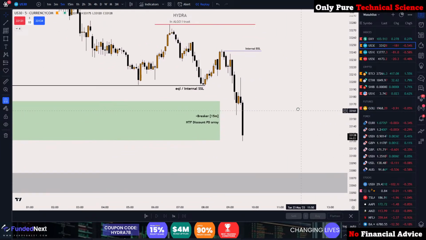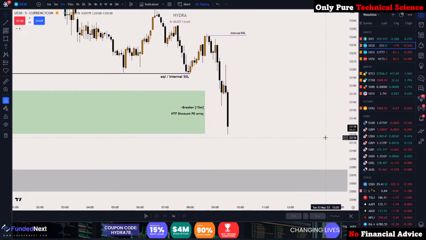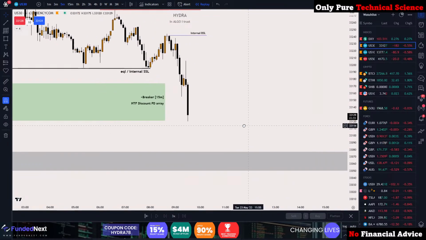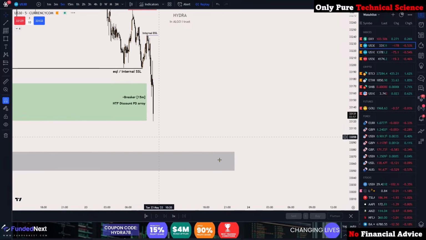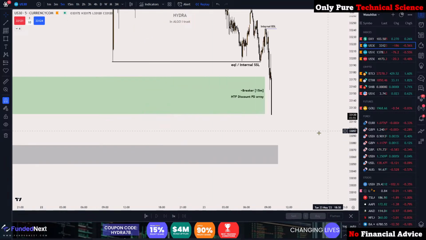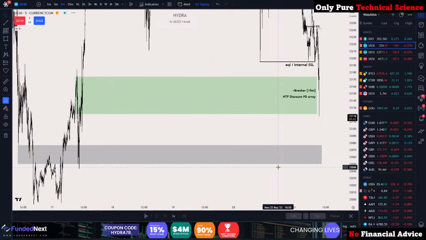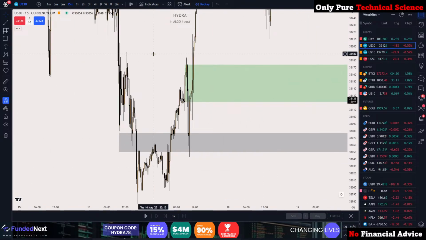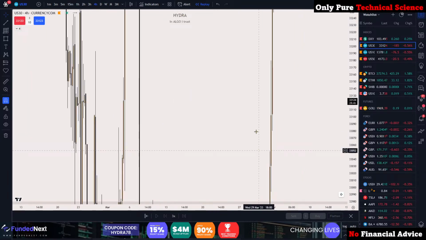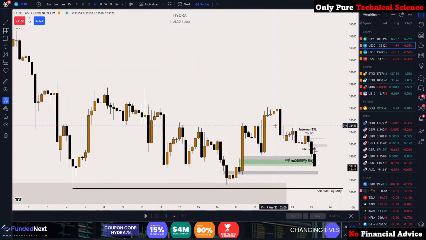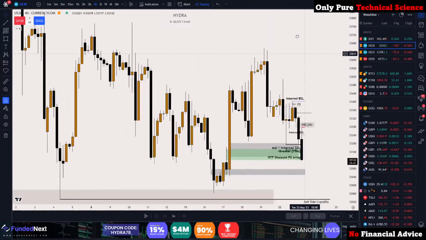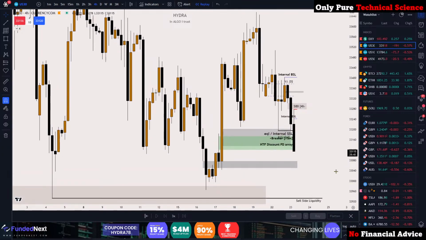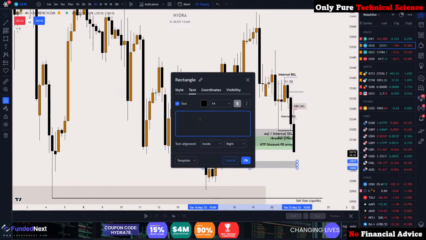So I'll do tape reading till 10 o'clock, and we'll see how price delivers. I think that's our BPR, right? From the 4-hour chart. That's our inversion fair value gap. Yeah, that's an inversion from the 4-hour chart.